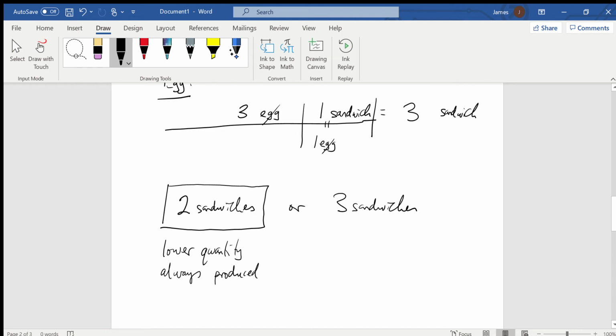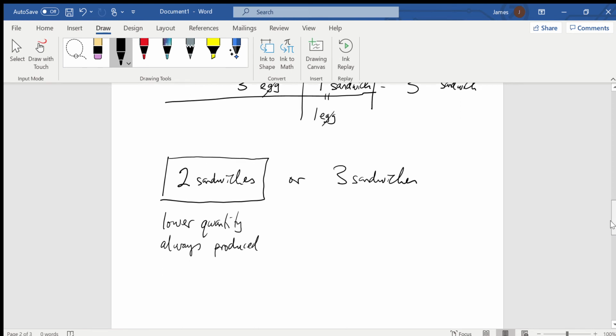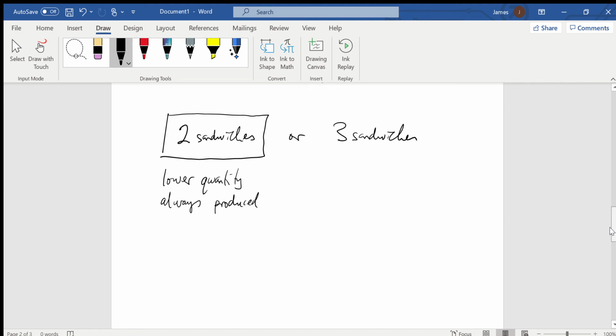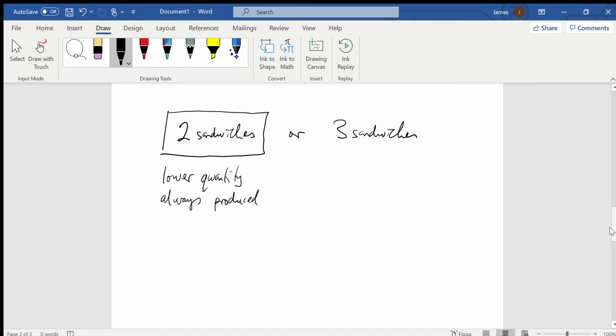You have to look at both alternatives if there are two knowns, which we had in this problem. You have to look at both options, and see which is the lowest of all the options, and that's always called the theoretical yield. So the lower quantity is always produced, and it's called the theoretical yield.